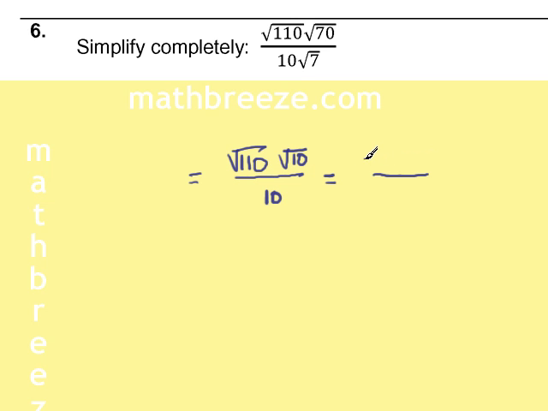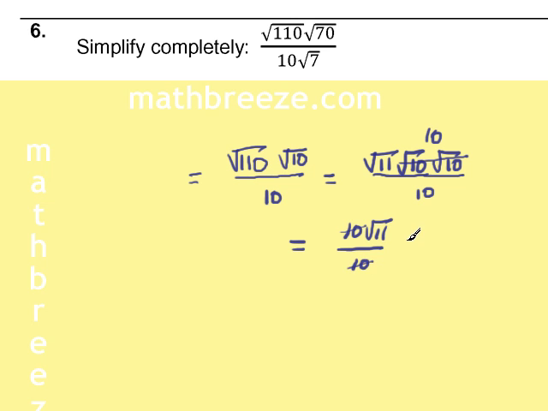Let's factor that as square root 11 times square root 10. Now let's copy over this square root 10 next to it. Square root 10 times square root 10 is equal to 10 outside the square root symbol. We can cancel out these 10s and we get square root 11.